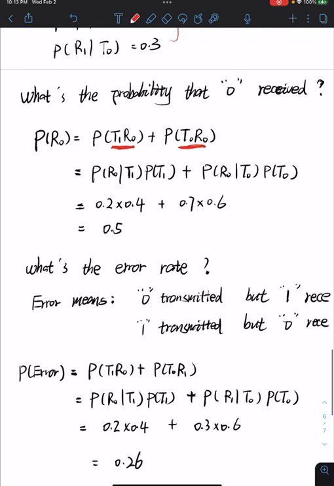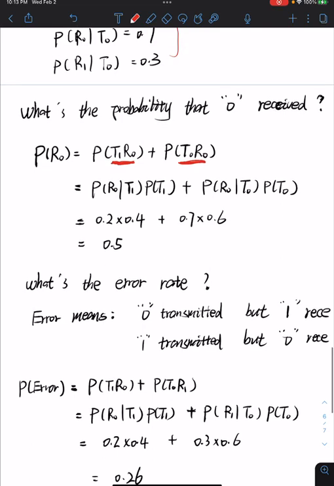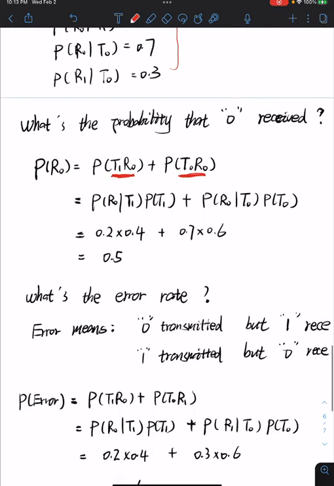And to get these probabilities, we need to use the formula of conditional probabilities, which is the probability that 0 is received assuming 1 is transmitted, times the probability that 1 is transmitted, which equals the probability that 1 is transmitted and 0 received.